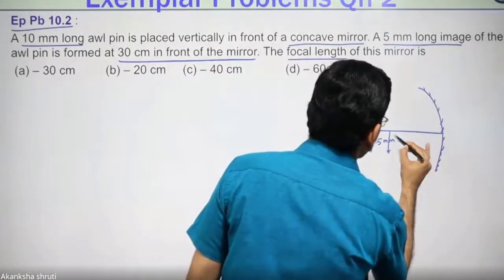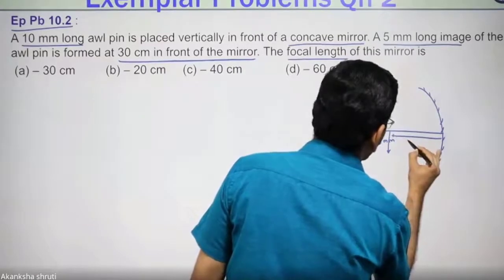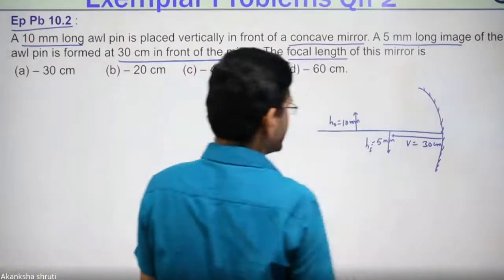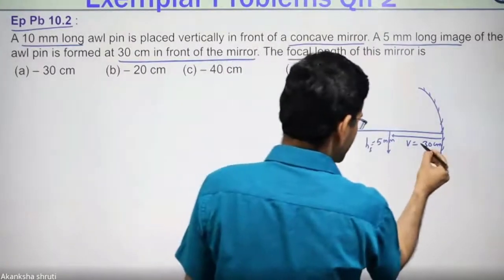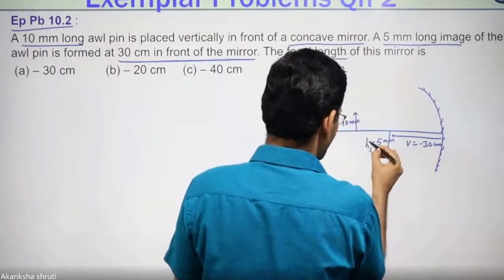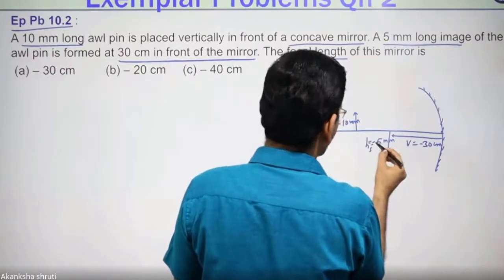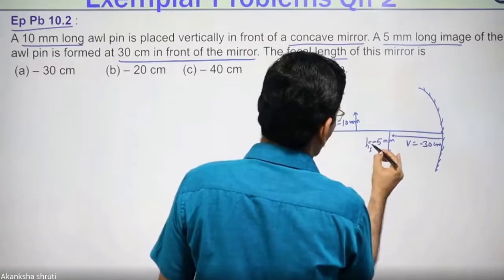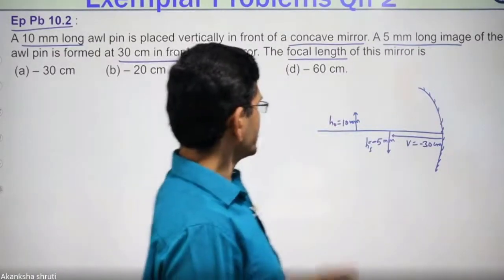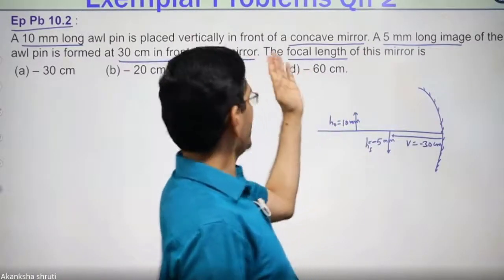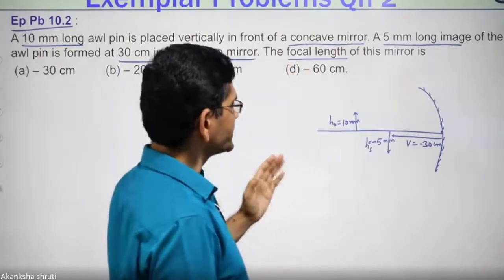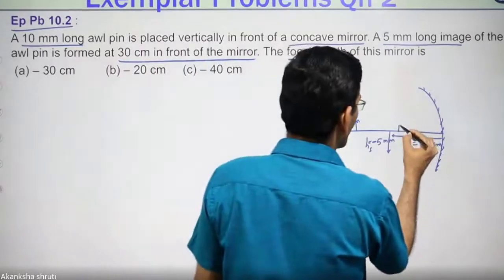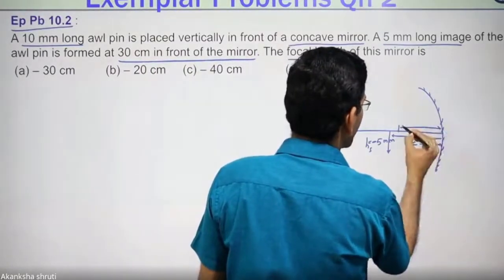Means this V is 30 centimeter. Along with the sign convention, we can write this will be negative. This height of the image will also be negative because it is formed downward. So this way, the data given we have written. Then we have to determine the focal length. What will be its focal length? F.